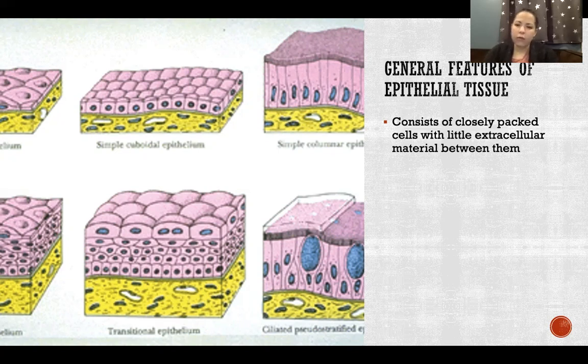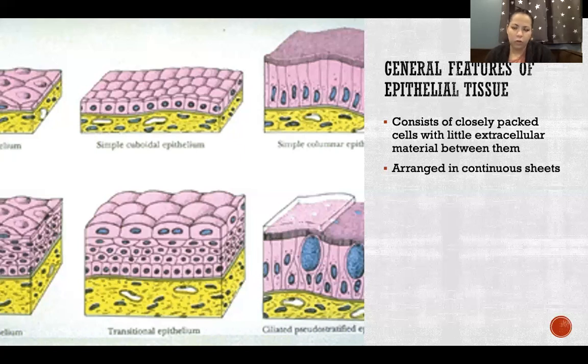So we want to have a lot of closely packed cells that are able to tolerate a lot of wear and tear and protect structures that are underneath. So epithelial tissue is arranged in continuous sheets. So we have sheets of cells that are covering and lining different structures. And then, of course, we have glandular epithelium, which is not necessarily in continuous sheets, but most of the epithelium in the body is the covering and lining epithelium.